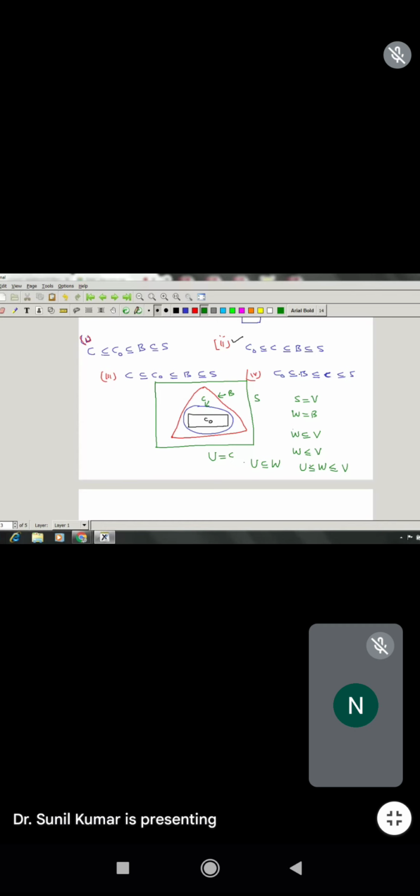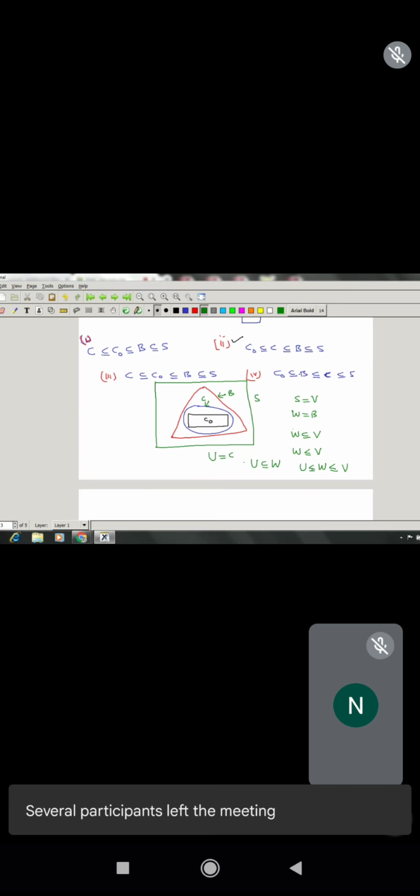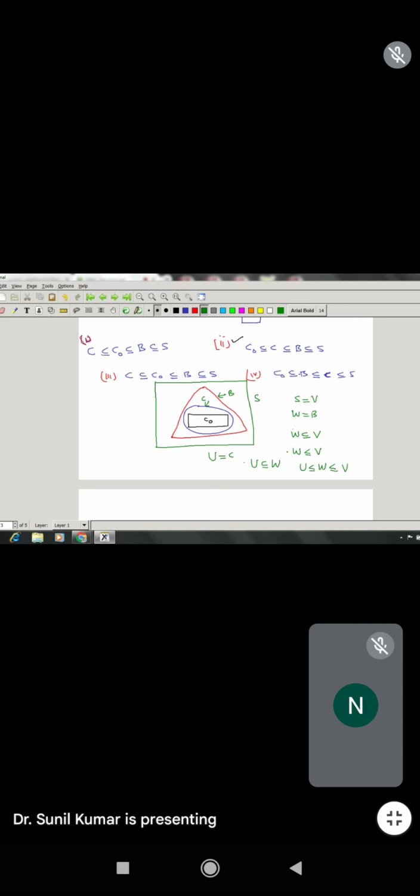U is a subset of W, so U is a subspace of the vector space W. W is a subspace of V. Because U is also satisfying all the properties that W is satisfying. Yes, but it is because of transitivity. You know about the transitive property? If A is a subset of B, B is a subset of C, then A is a subset of C. If A is related to B, B is related to C, then A is related to C. U is a subspace of W, W is a subspace of V, so by using transitivity, we can say U is a subspace of V.